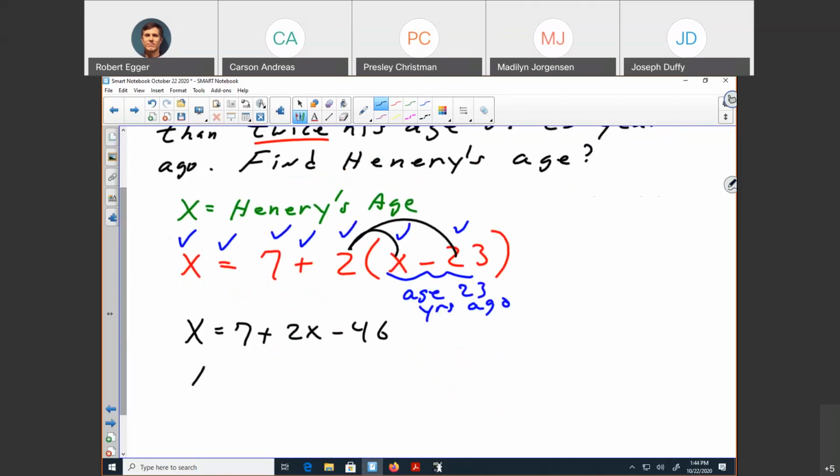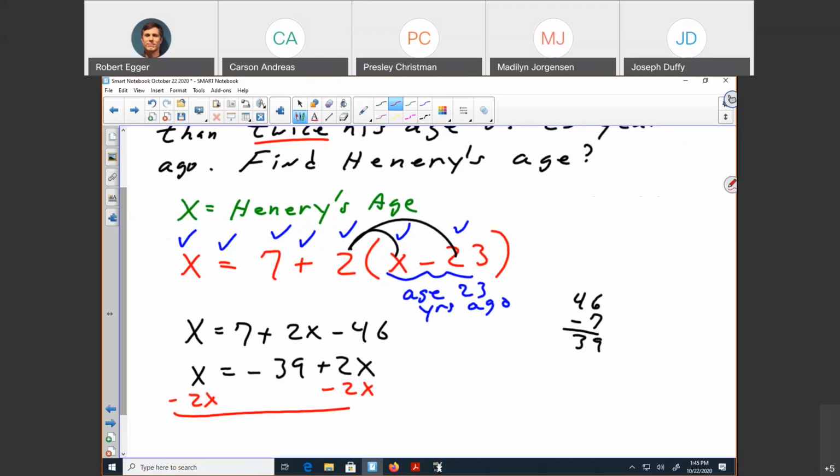So let's see, x equals 7 minus 46, which would be minus 39, plus 2x. Minus 2x. So minus x equals minus 39. So I guess his age today is, he's 39 years old.